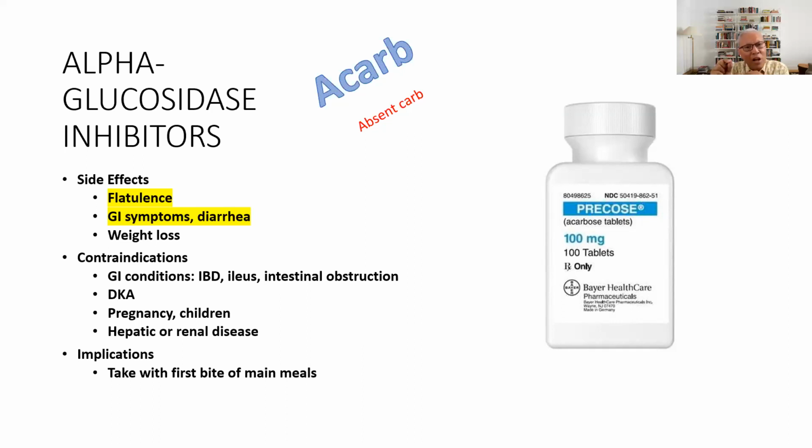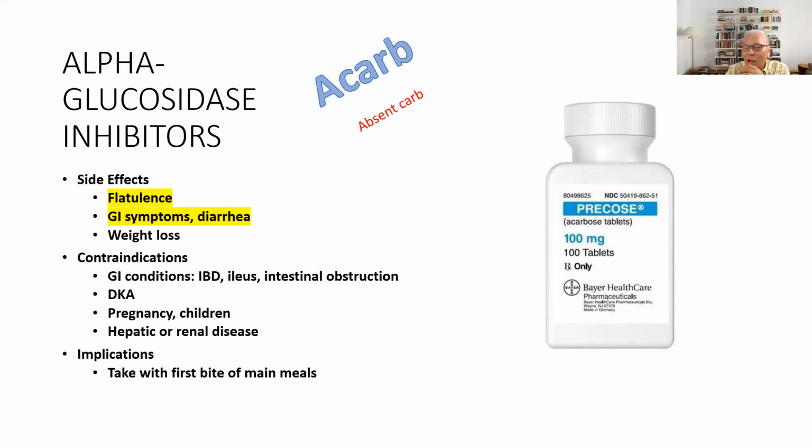Weight loss is important in diabetes because oftentimes diabetics are obese or overweight. Therefore, we always identify these diabetic drugs as to whether they're weight neutral or participate in weight loss or weight gain.